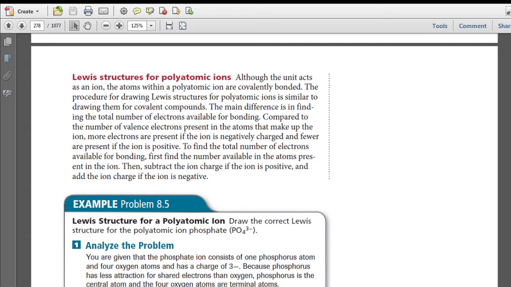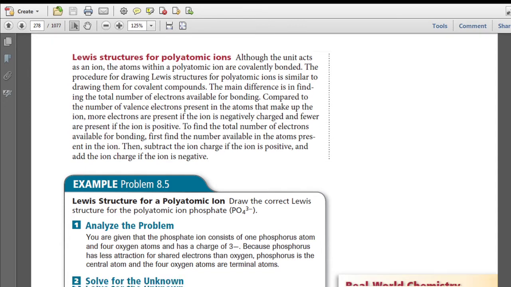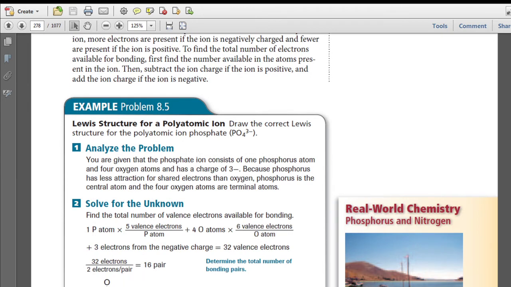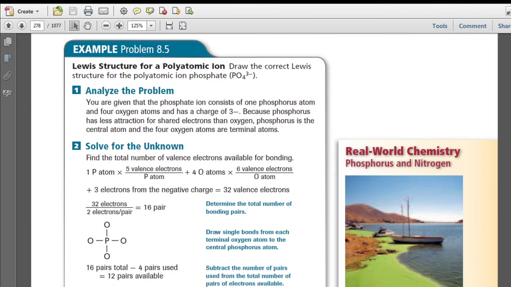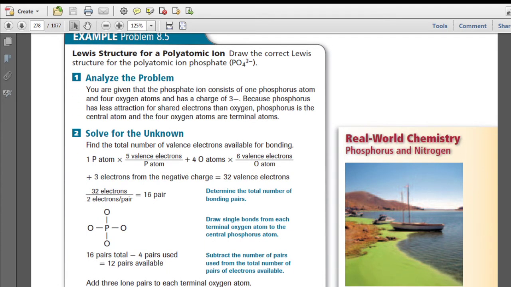To find the total number of electrons available for bonding, first find the number available in the atoms present in the ion. Then subtract the ion charge if the ion is positive, or add the ion charge if it is negative. So let's draw the Lewis structure for phosphate, PO4 3-.